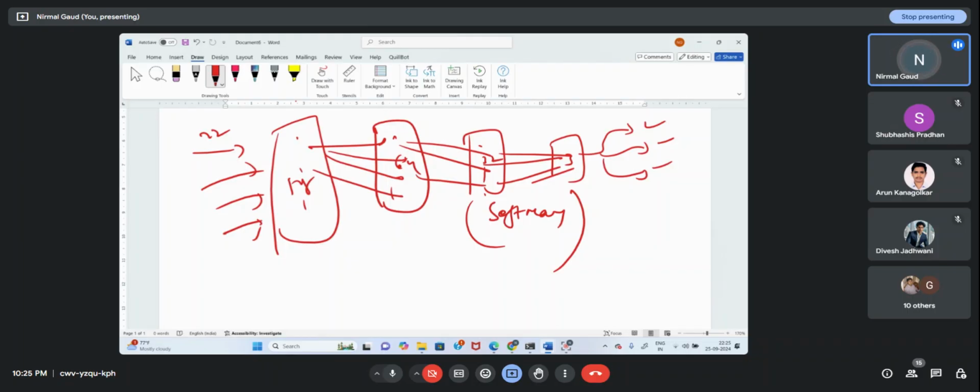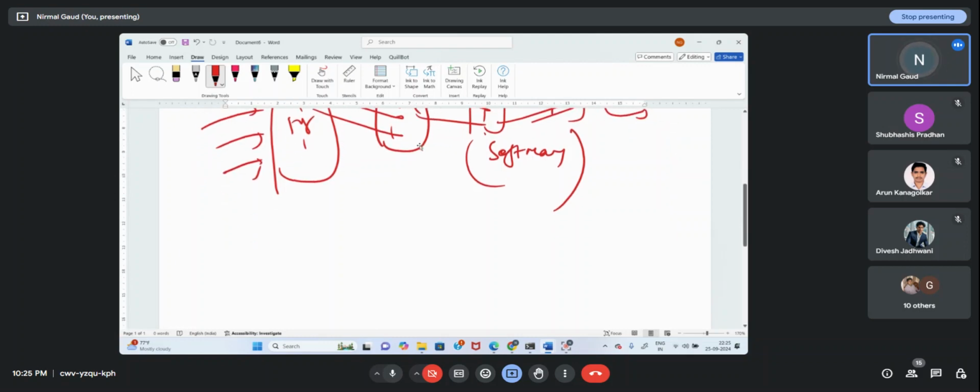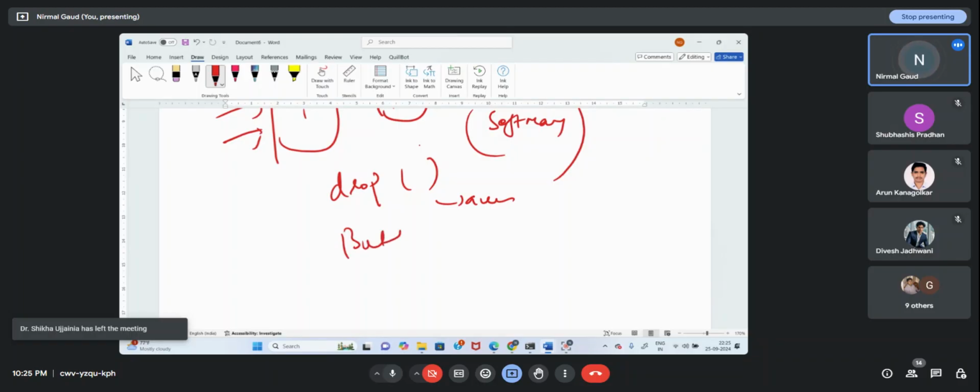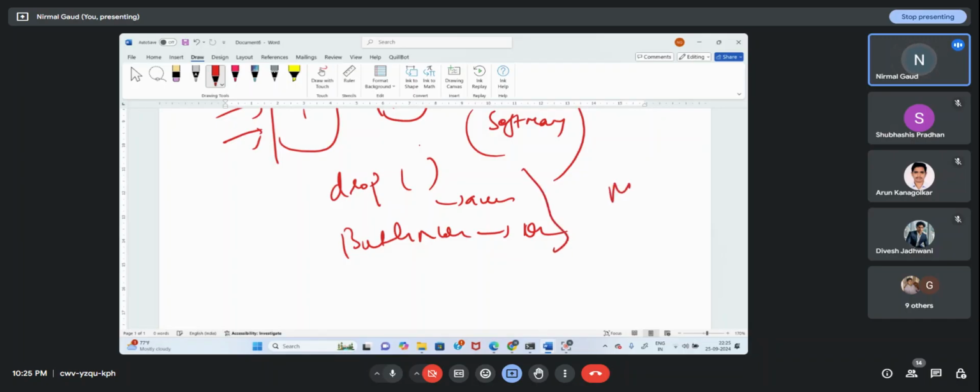In deep learning, we also use dropout layers and batch normalization to avoid overfitting. But I have already seen with the machine learning model that the model is not overfitted, it is underfitted.